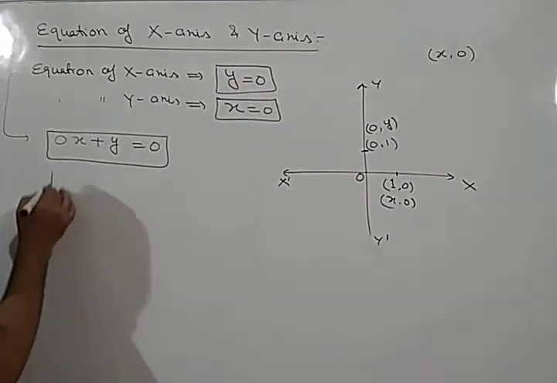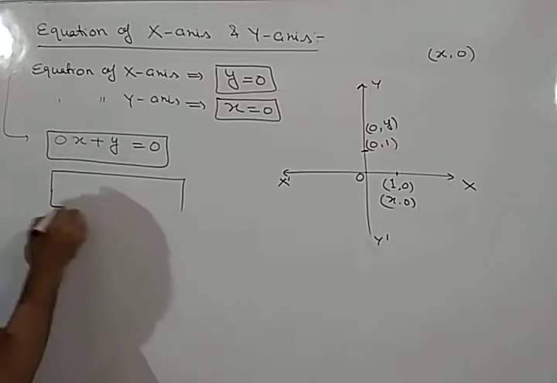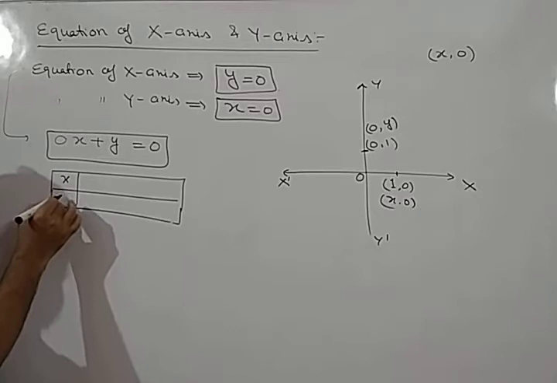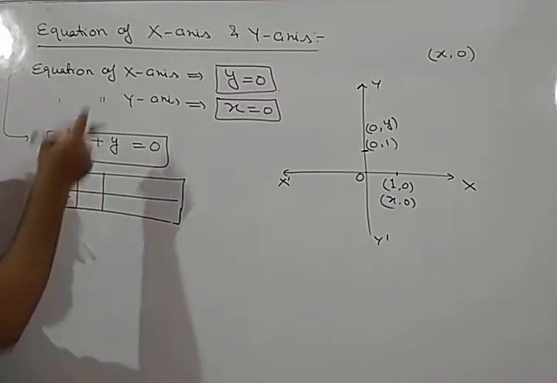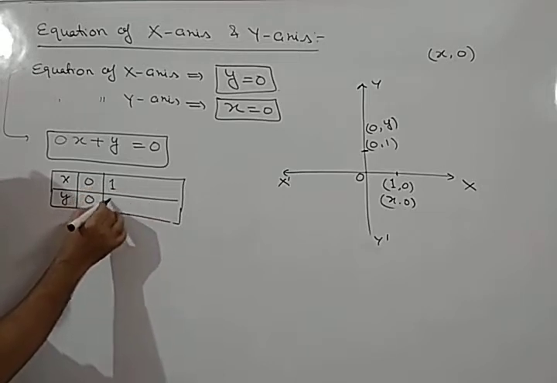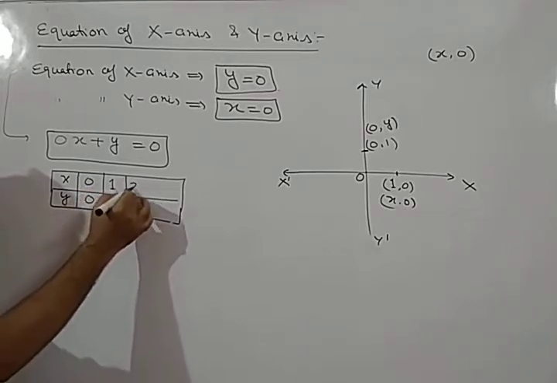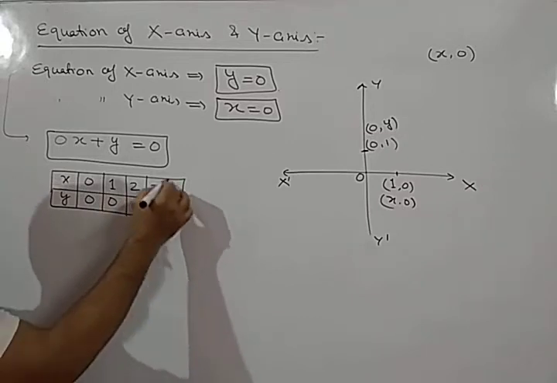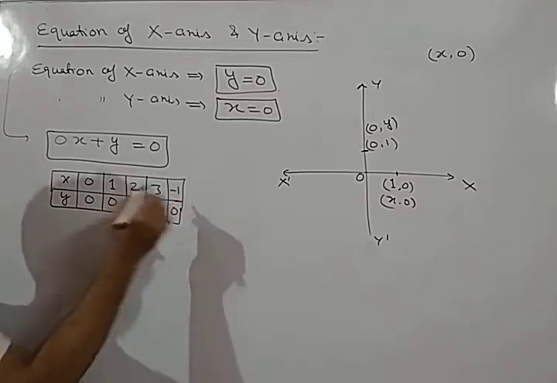Because if we form a table of x versus y, and take any value of x, if x equal to 0, then y equal to 0. If x equal to 1, then y equal to 0. If x equal to 2, then y equal to 0. x equal to 3, then y equal to 0. x equal to -1, y equal to 0.